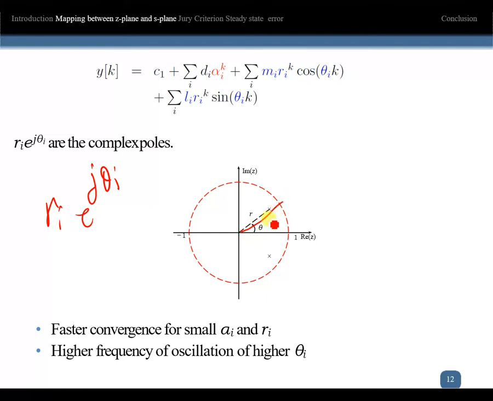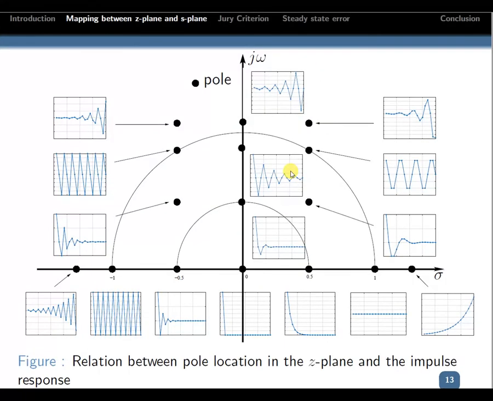This will be theta, and R is the radius of the circle about the origin. If the pole is outside of the circle, your system becomes divergent or unstable.